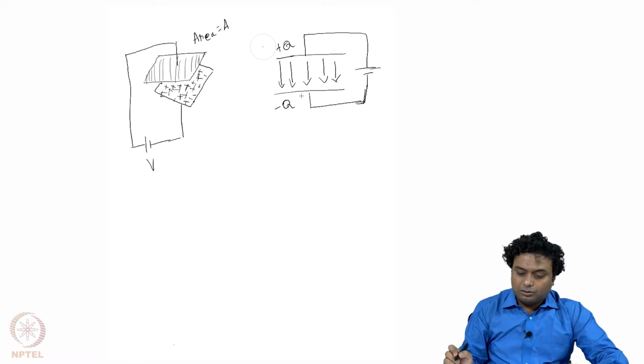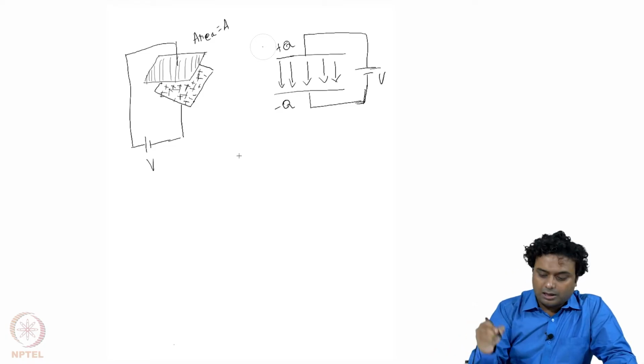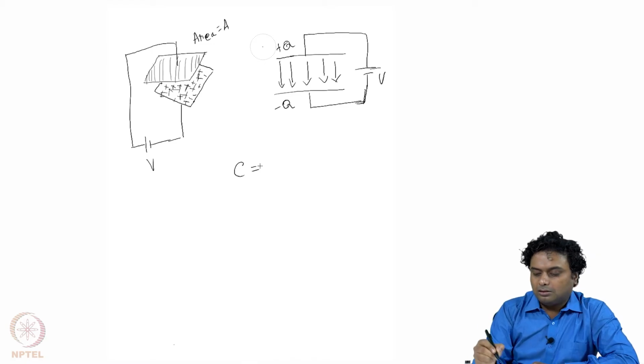So the potential is V, so according to the formula we know that C, or the capacitance, is equal to epsilon A by D. Now what is this epsilon?